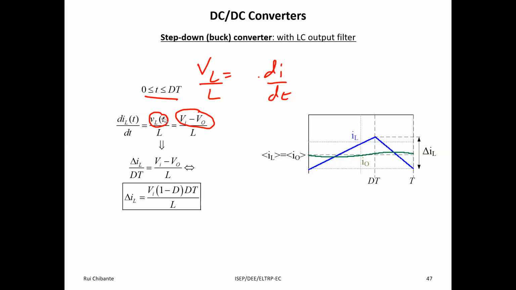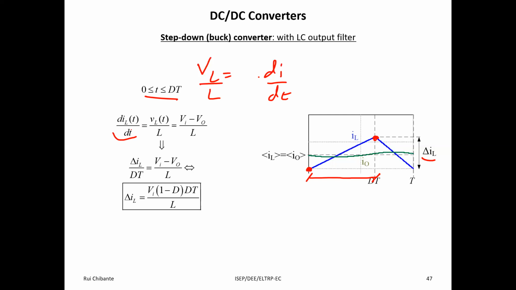And then what do we do next? This is the derivative, and we discretize this derivative. If we look at this part of the current, it is exactly the same graph, but I am identifying here the current variation between the minimum and the maximum. This variation occurs also in the first stage of operation.